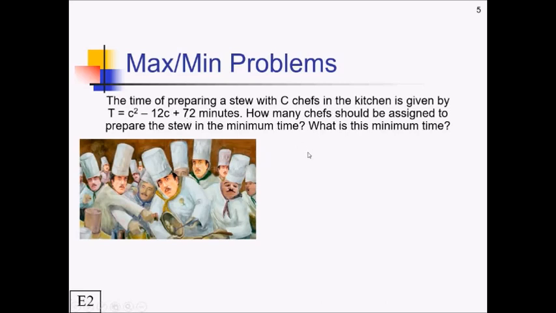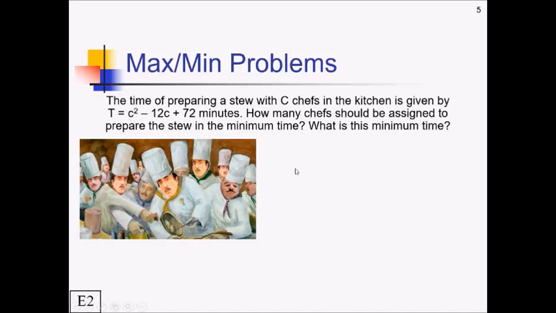All right, now just like before, we need to find the values of the vertex. We need the number of chefs and the time at the vertex. Since this is a quadratic in standard form, we can use negative b over 2a again. This time around, we're looking for the vertex c value. C is the input here, which is kind of weird with time not being the input.